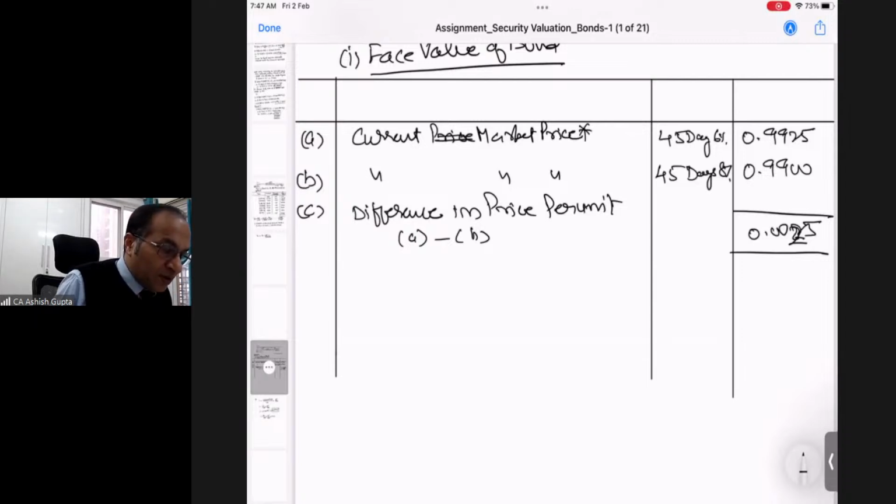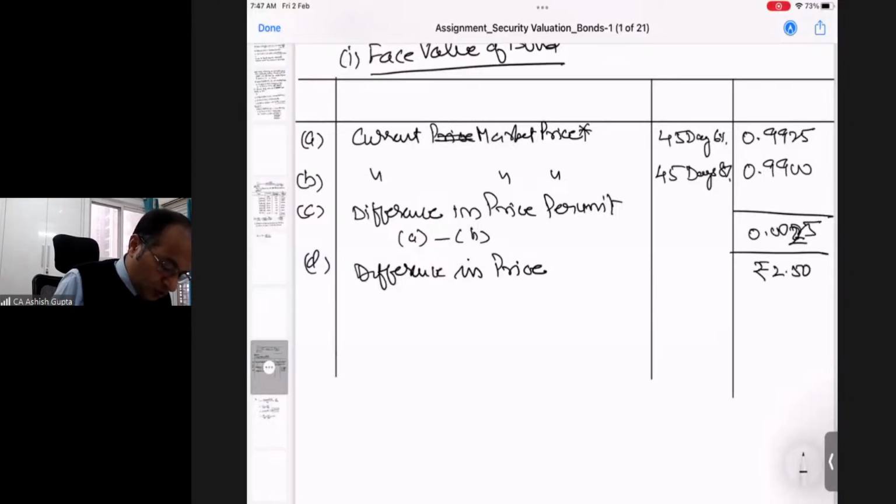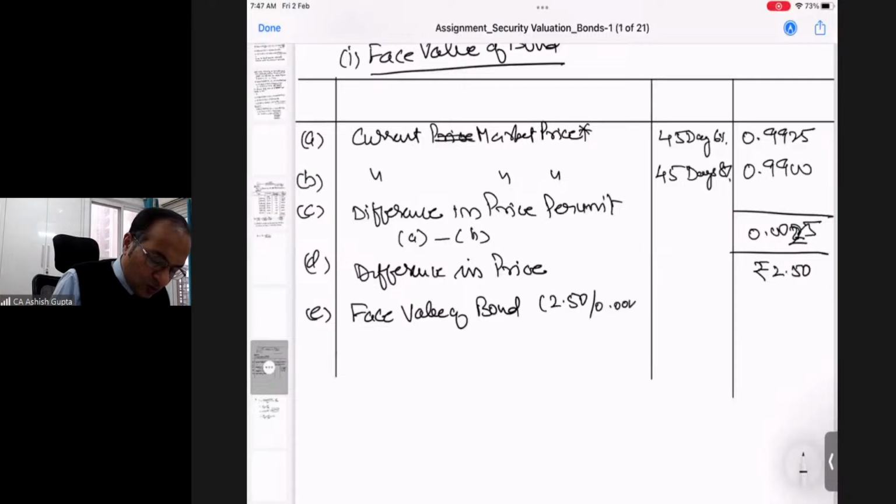Okay, now student, we compute the difference in price. It is 2.50. So for the face value of the bond, what we do is we divide 2.50 by 0.0025.